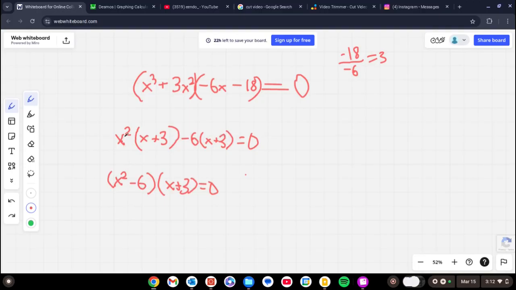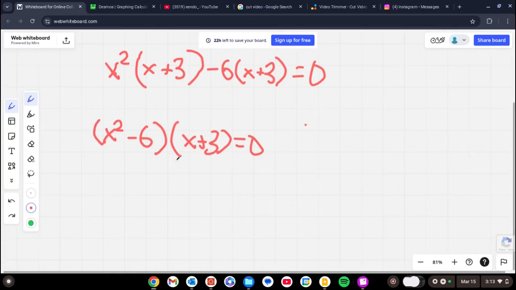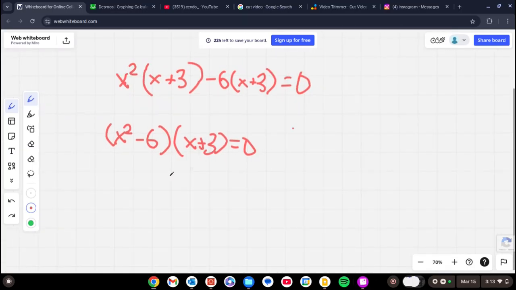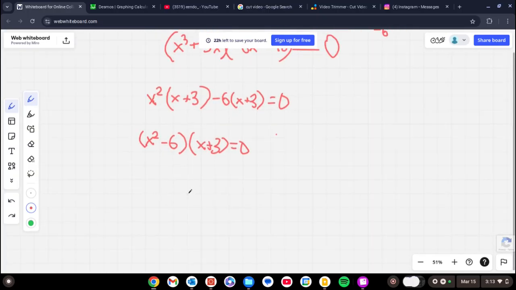So if you combine the x to the second with the minus 6 to make it one thing in the parentheses, you can just multiply it with one of these x plus 3 terms, and you get this nice little x squared minus 6 times x plus 3. So now we have something that's a lot more familiar and a lot more comfortable. So we can take both of these separately.